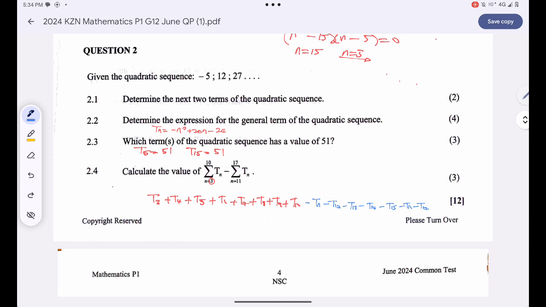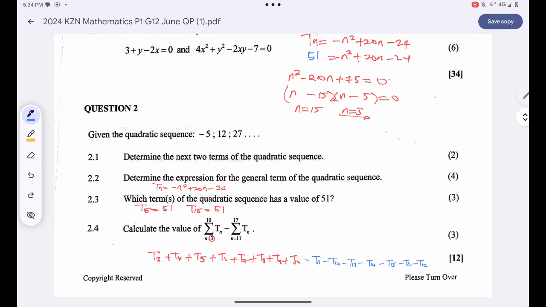A quadratic sequence, guys, you can take it as a quadratic function, which simply means that we do have an axis of symmetry. If we were to draw a quadratic function for this sequence, we would have something like this over there, and then we would have the axis of symmetry there, the x value at the turning point.